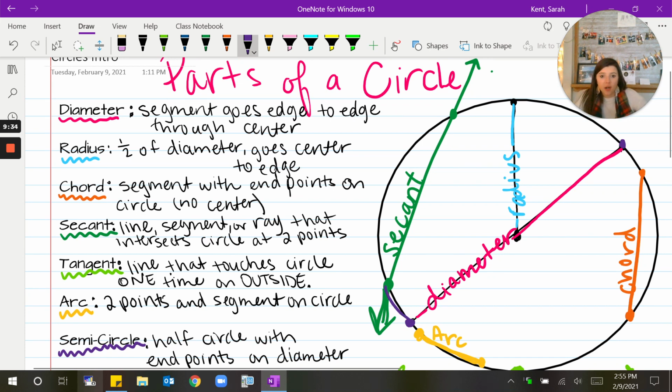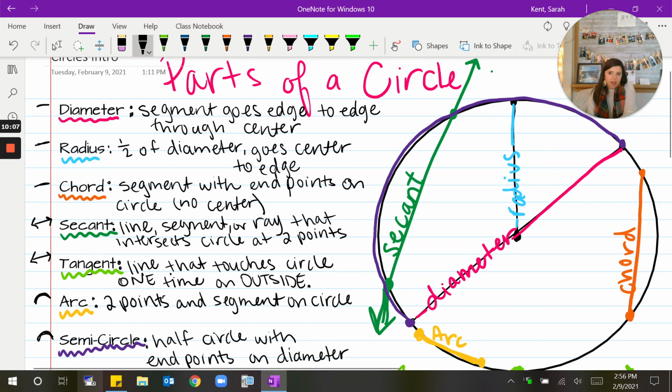So it would curve with the circle. And it's going to keep curving, keep curving, keep curving. Ta-da! And it curves with the circle. So for our arcs, you'll see a lovely swoop over the letters. And for all of these lines, a secant will most likely have arrows. A tangent will most likely have arrows on the end.